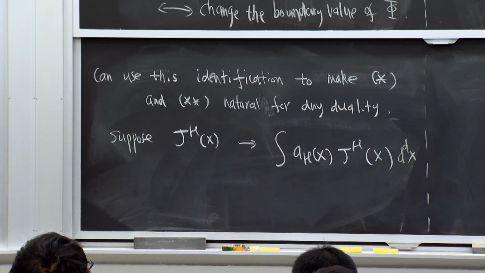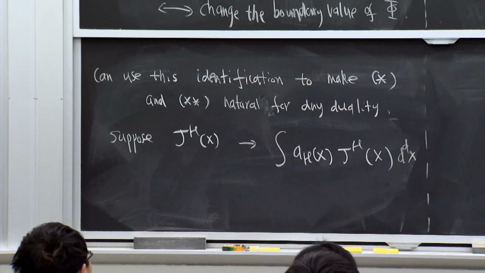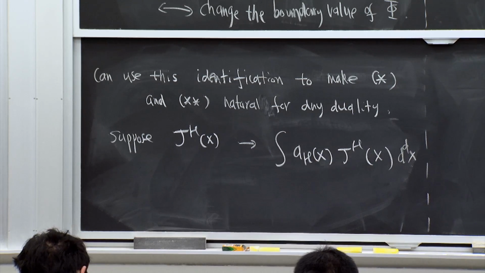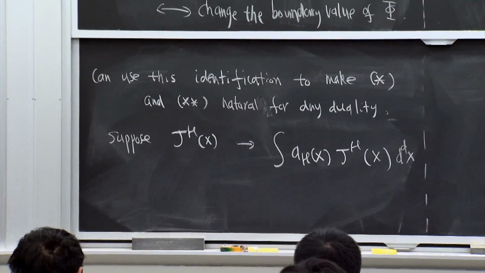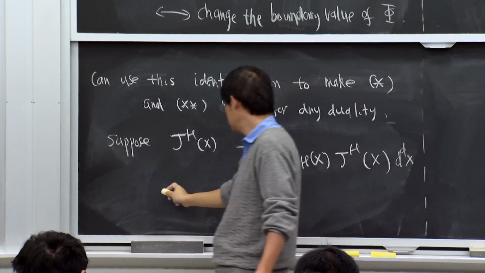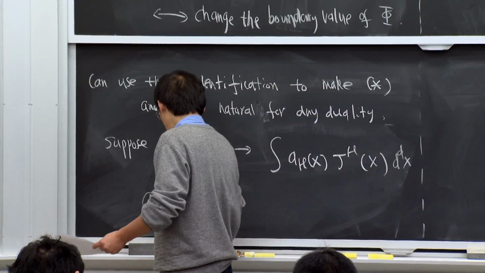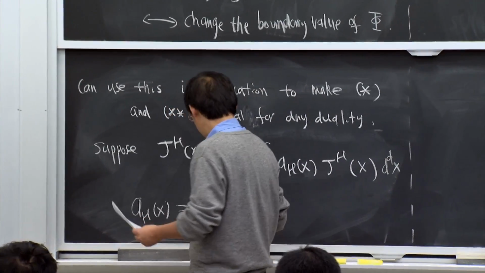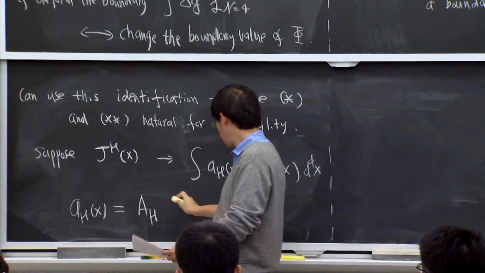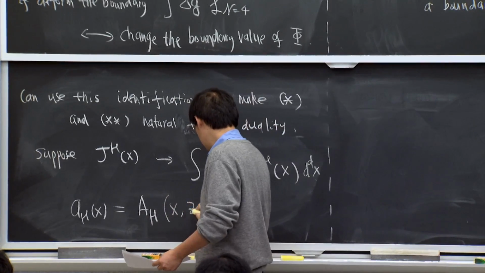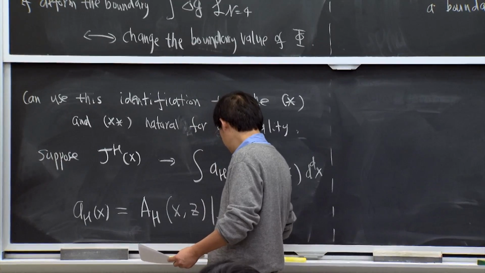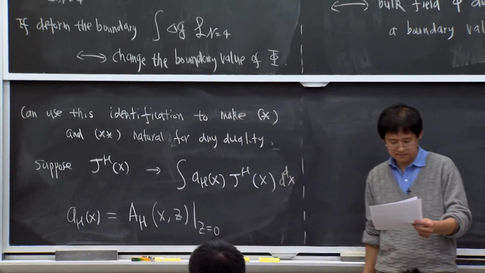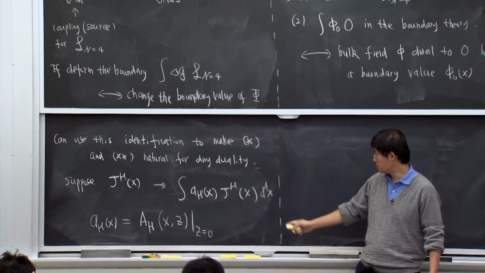Okay? A mu is a source. And then according to this identification, we should be able to identify it as the boundary value of some bulk field A mu evaluated at z equal to 0. Okay? So this is a bulk vector field.